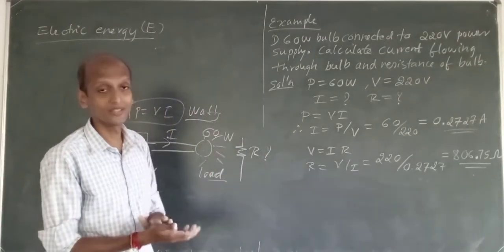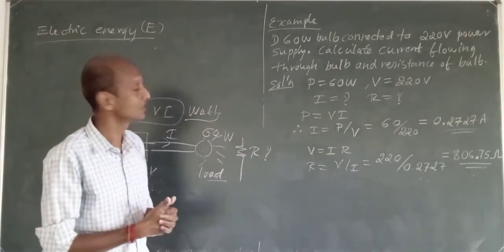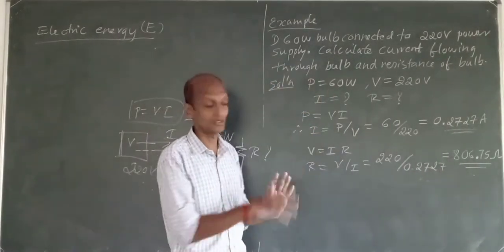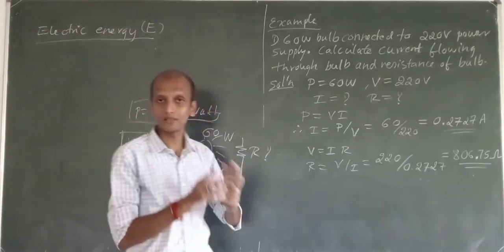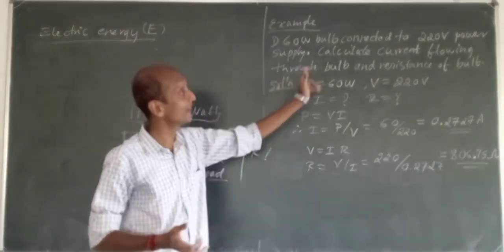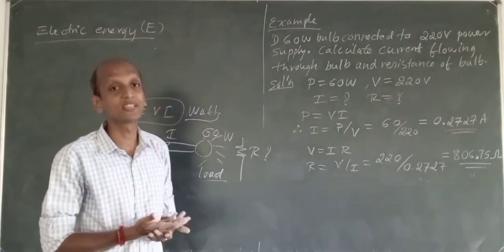Fine. So this is one of the examples where you can calculate the current and resistance of a device when the power and the power supply voltage have been given.